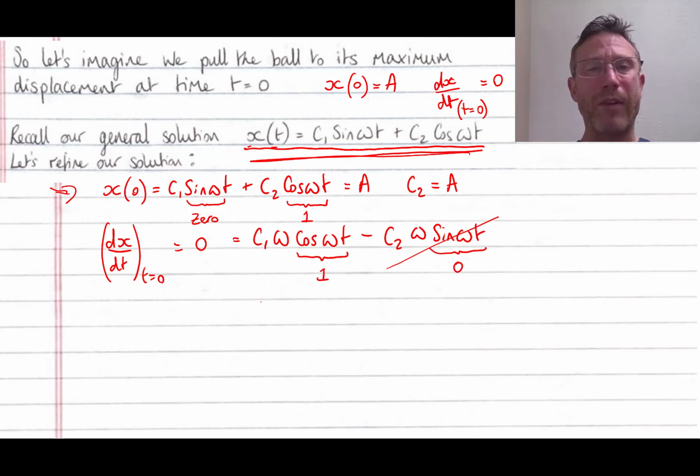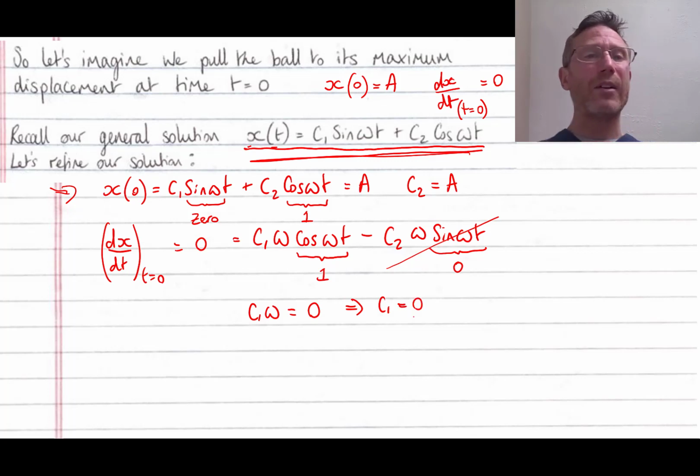And what we also recognize now, of course, is that C1 omega is equal to 0. So the only way this can happen, of course, because omega is equal to the square root of the force constant k divided by m, so we looked at that in the previous slide, the only conclusion here is that C1 must be equal to 0.